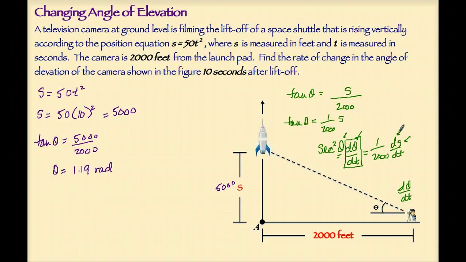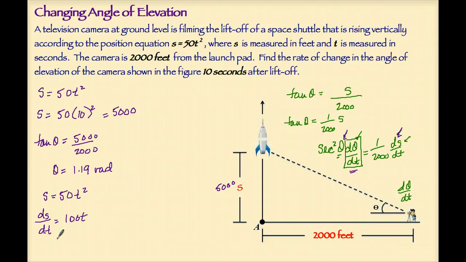Now remember, I needed to know what theta was, and I also need to know what ds dt is in order to solve for d theta dt. I'm going to get ds dt from the position function as well by taking the derivative. Position is 50t squared. ds dt, which is the derivative with respect to time, would be 100t.